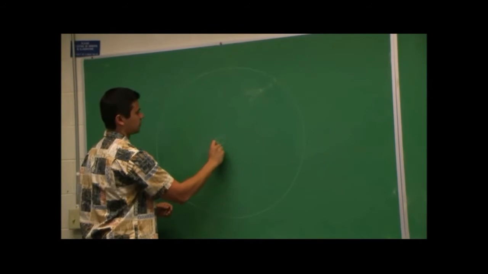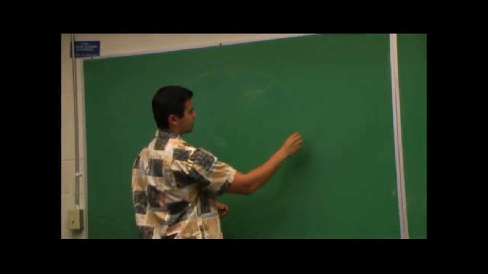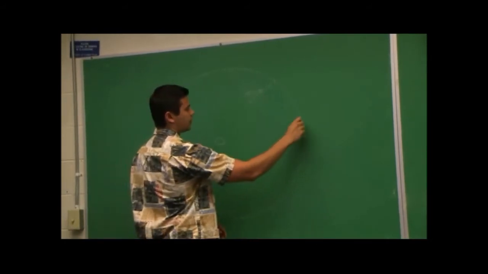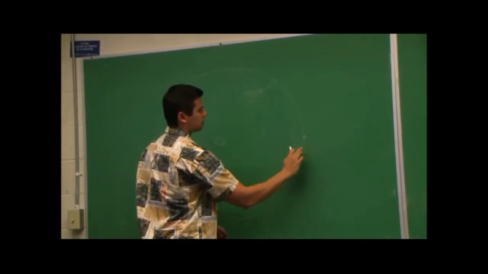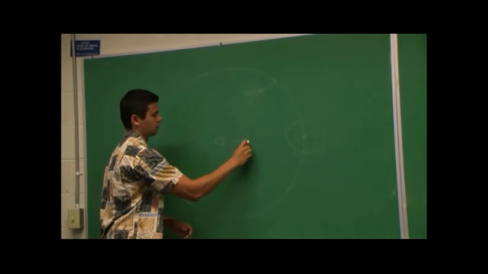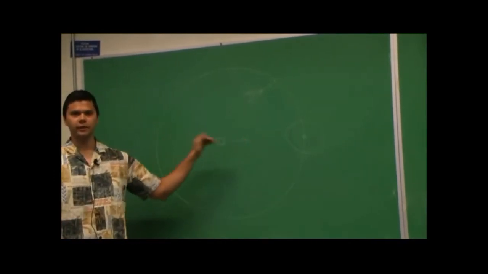All right, so here's our sun. And here is our planet initially over here somewhere. And we're going to have a circular orbit. Our sunlight's going radially outward from the sun, right?